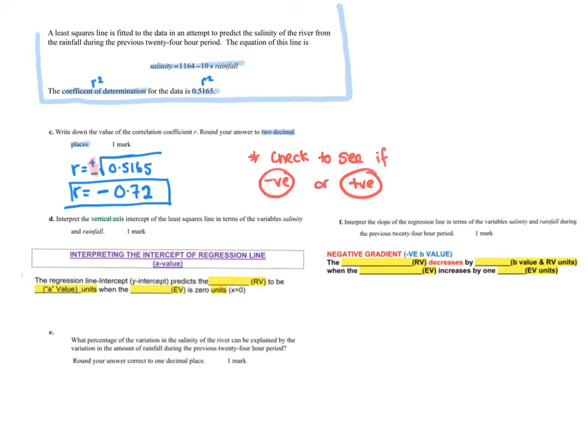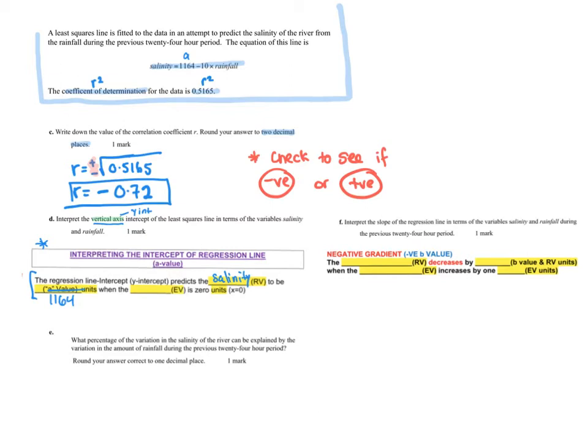Okay, in question D, it says interpret the vertical axis. So the vertical axis is actually the y-intercept, because that's the vertical line, in terms of variables and salinity. So in your notes, you have a blurb. So you will be writing this down. You'd write the regression line intercept predicts the RV, which is the salinity, to be, and we put the value there, so the A value is that first one, to be 1164 units.